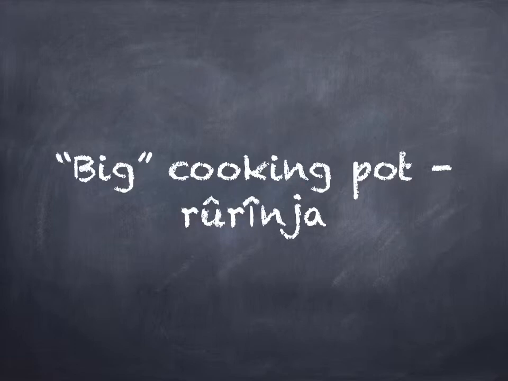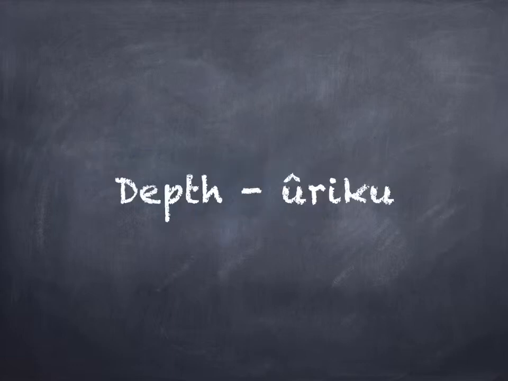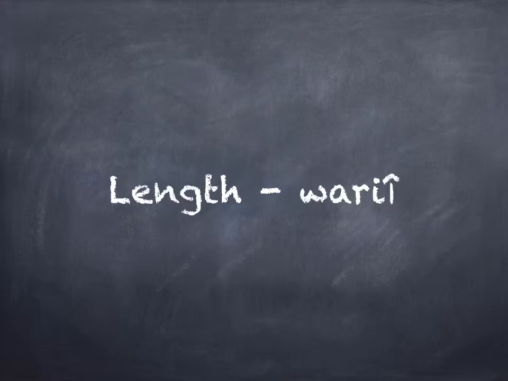And then there are those large cooking pots that you will find full of food when people are having a feast. They are known as roreja, and they differ from the other cooking pots in depth, which is known as oriku, and length, which is known as wari.